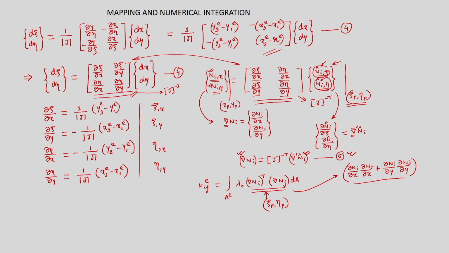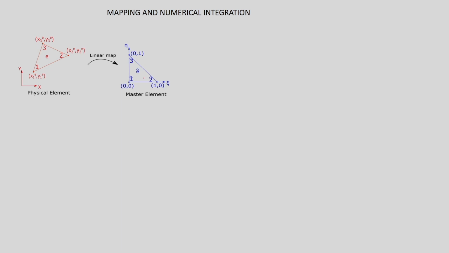Now, let us see how we can relate this area, which is in the physical element, to a corresponding area in the master element. In order to do that, first we will consider a point in the master element, say P. And we take two lengths, d xi and d eta, the two sides of a given rectangle of length d xi and d eta.